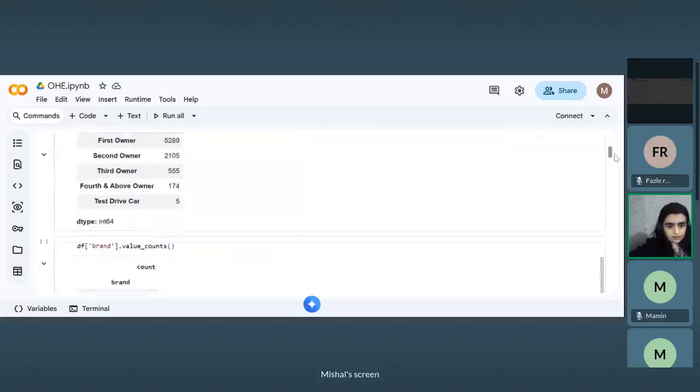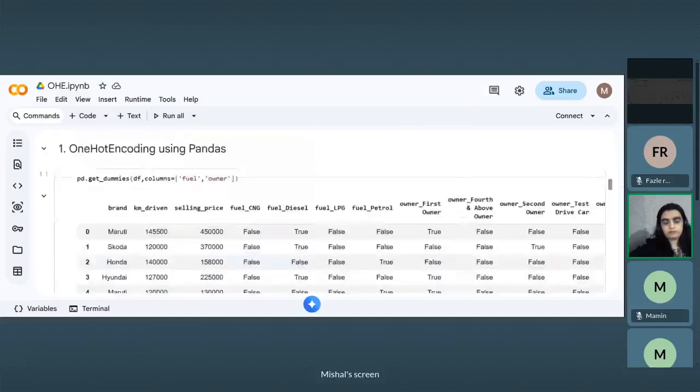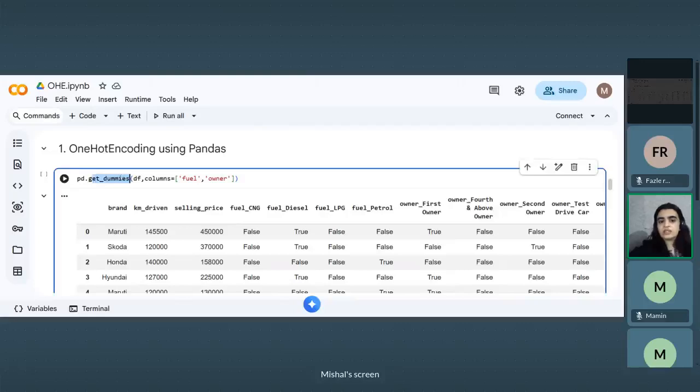Okay, so here we are just checking the basic information. Then we can convert it using pandas and scikit-learn. In pandas, there is a function named get_dummies. With the help of it, we can do the conversion into one hot encoding.